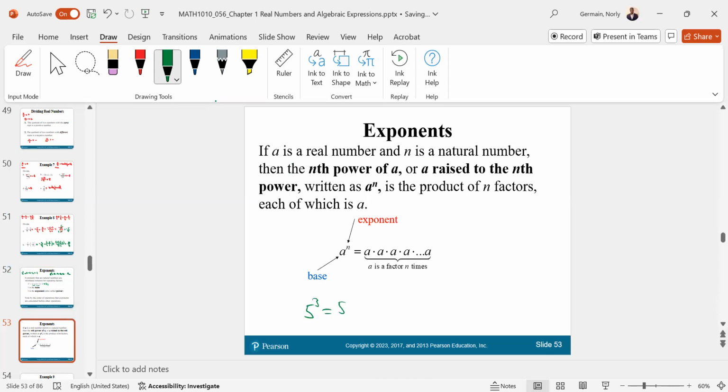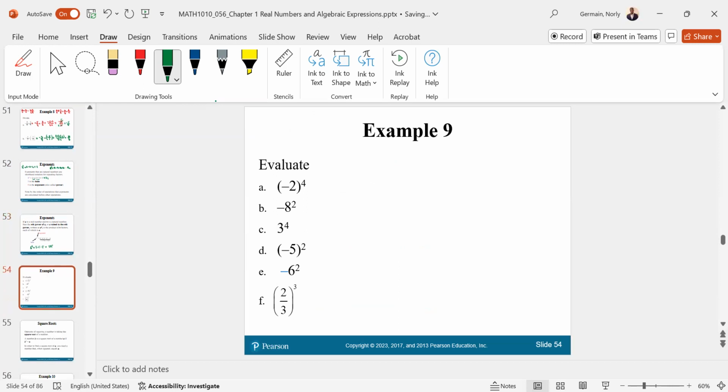All right, so if we have 5^3, all we need to do is 5 times 5 times 5. 5 is the base, and 3 is the exponent. So that gives you 125 when you multiply them. So here are a few examples that you can see. We see -2 times -2 times -2 times -2. The first thing I can do is count the number of negative signs. If the number of negative signs is even, I know the answer would be positive.